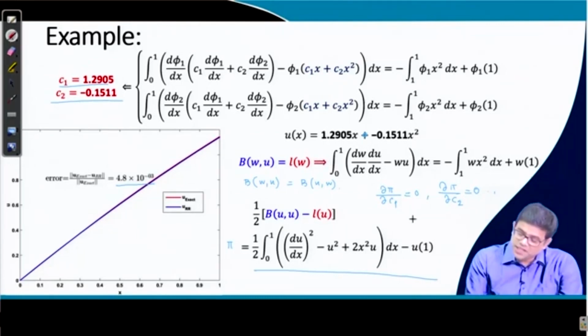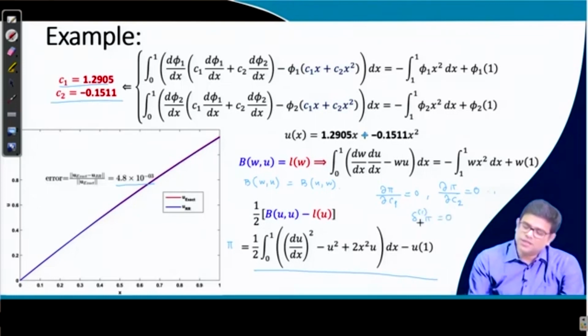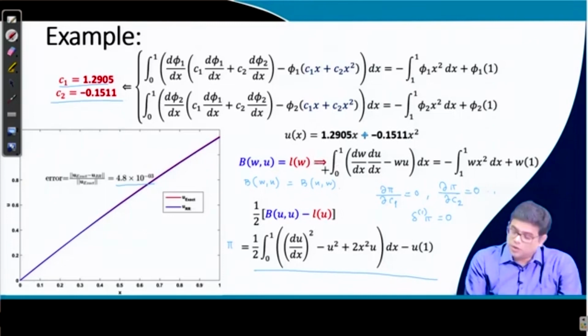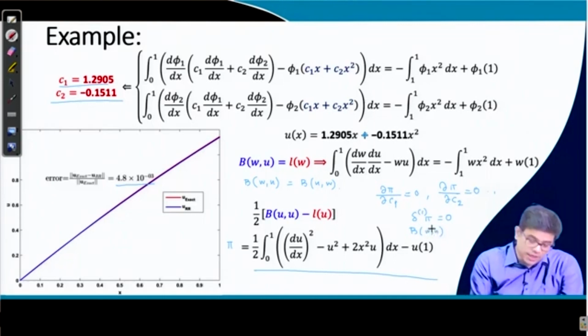So the first variation that we have learned, which is essentially 0, is nothing but B of w comma u, or the delta u here, I can write it as this.